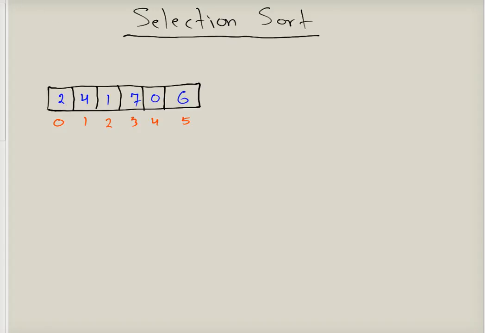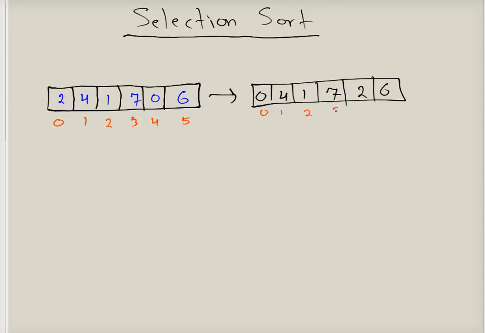Okay, so let's make a new array. This is going to be translated into the following array. So this is going to be 0, then we're going to have 4, 1, 7, 2, and 6. Notice how the numbers got swapped. This one and this one got swapped.